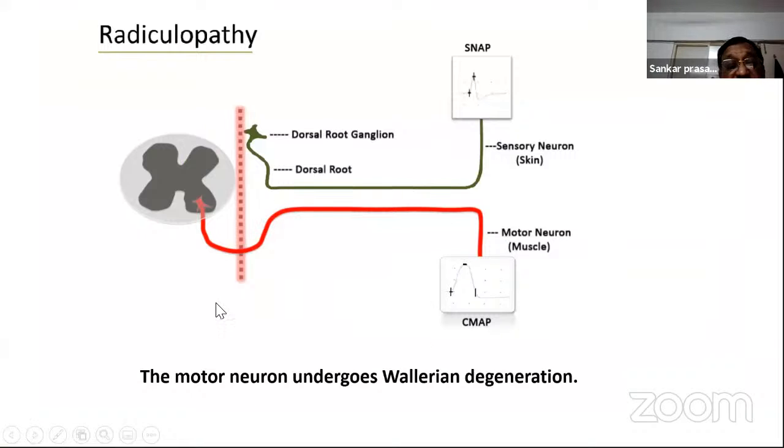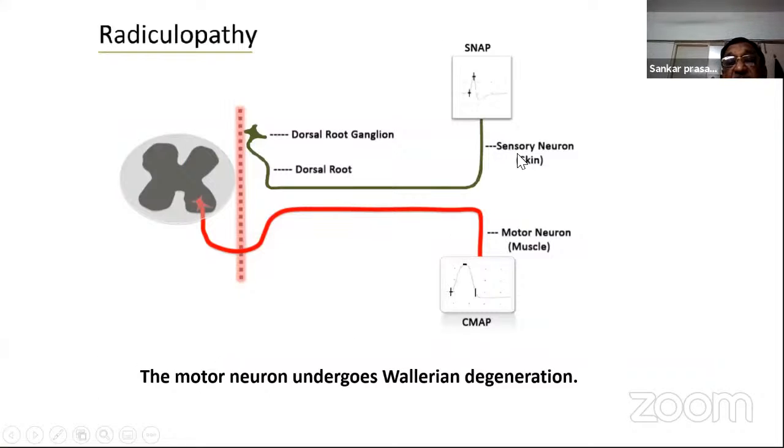As I was explaining, the dorsal root ganglion and dorsal root: in radiculopathy the SNAPs are normal, and there may be a drop in compound muscle action potential when the motor neuron undergoes Wallerian degeneration. C5, C6 radiculopathy is the most common.